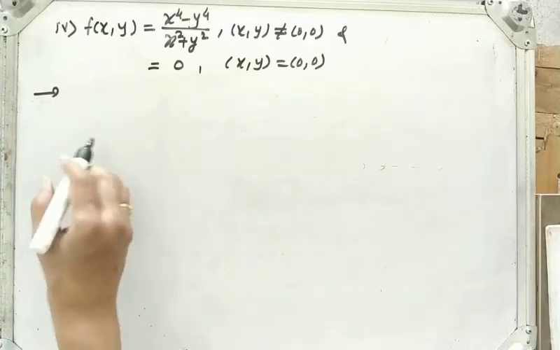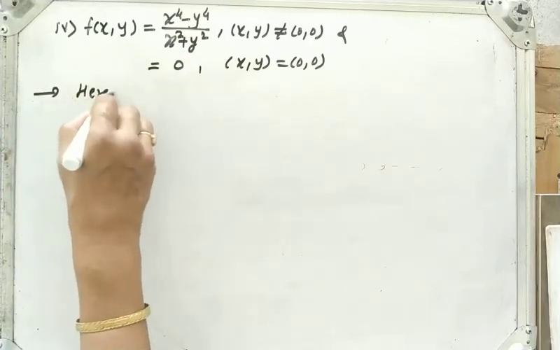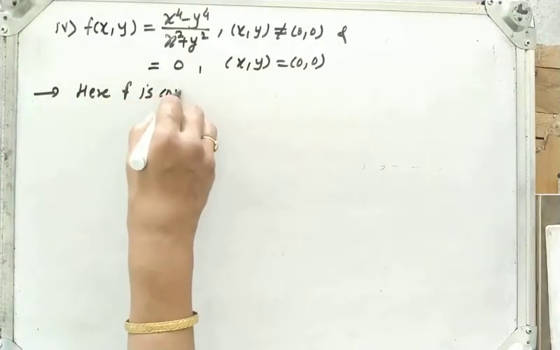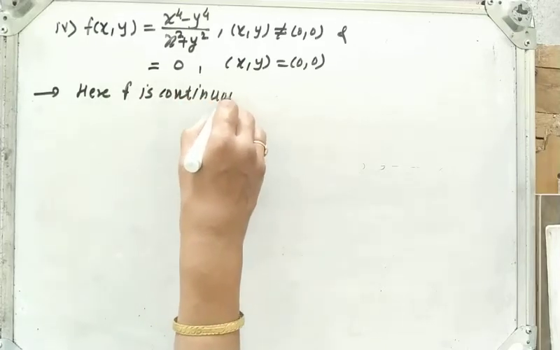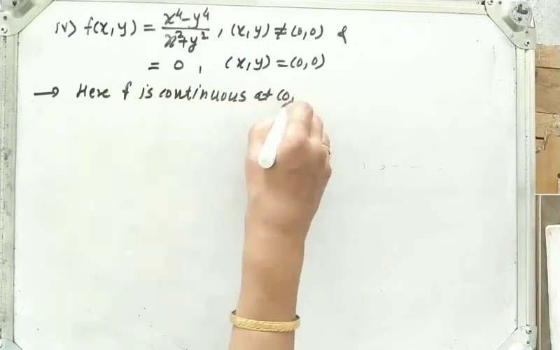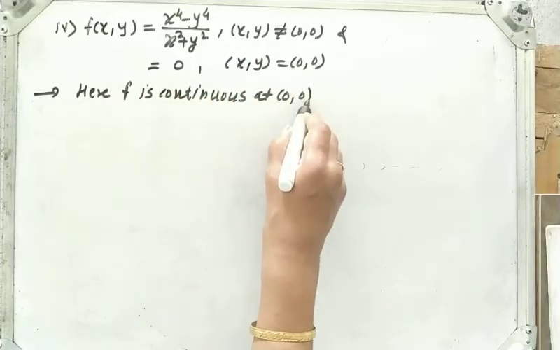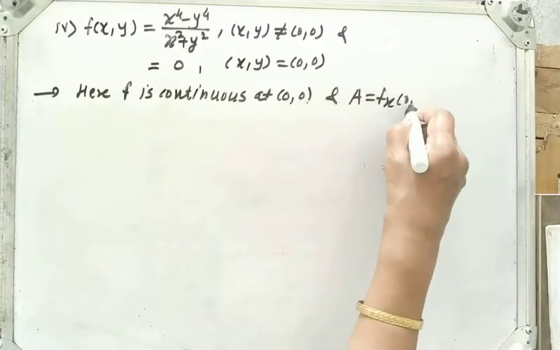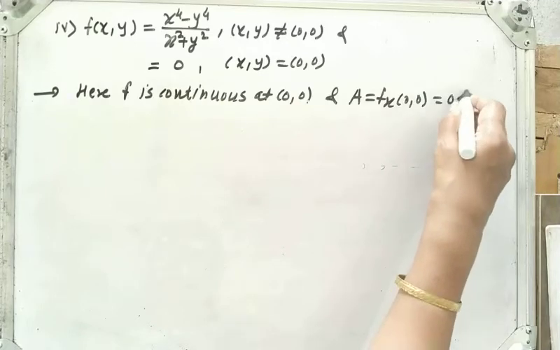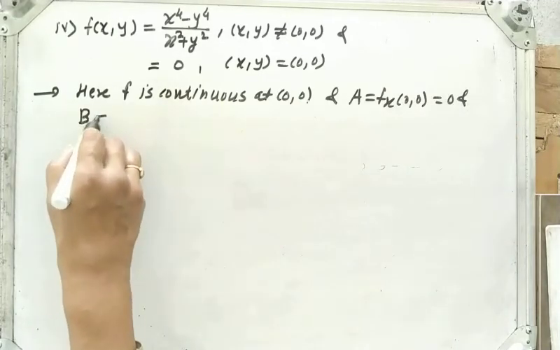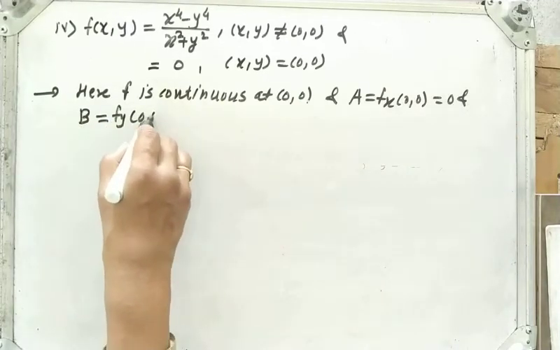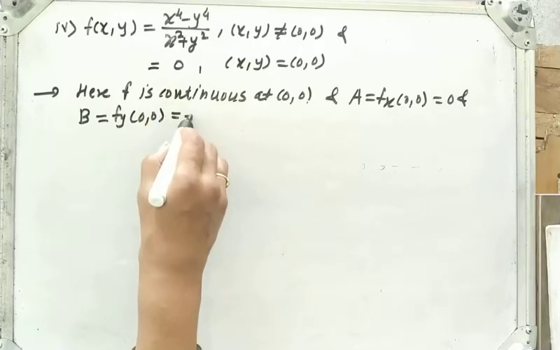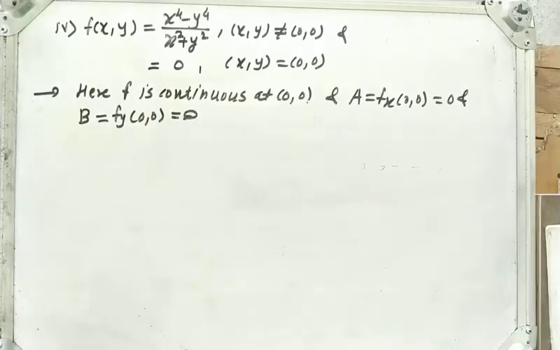Again, you can check that here f is continuous at 0, 0. Also, a, that is f x at 0, 0, its value is 0, and b, that is f y at 0, 0, its value is also 0.